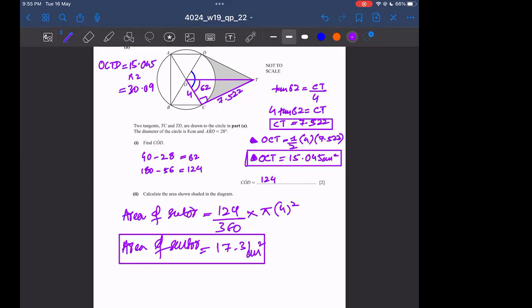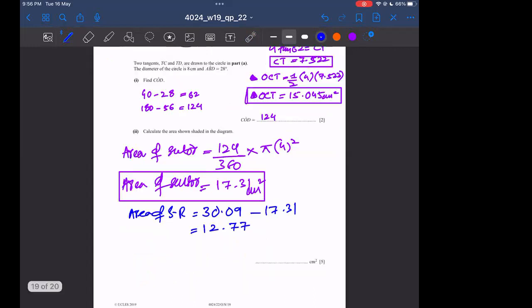So the area of the shaded region is 30.09, the area of this whole shape, minus 17.31, the area of the sector, which is going to be 12.77.